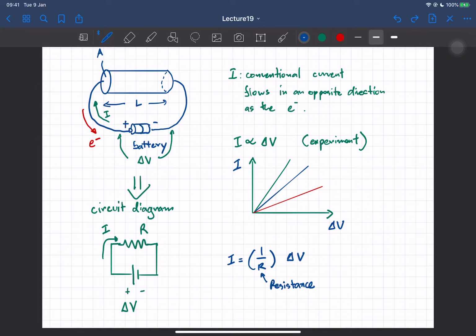So reversing this into a more familiar form, you're gonna have delta V, or simply V, equal to I times R, which most of you know is called Ohm's law.